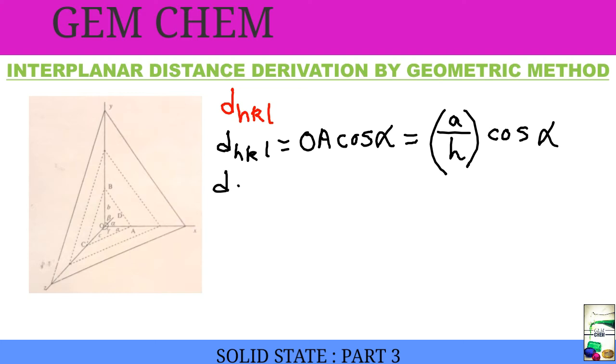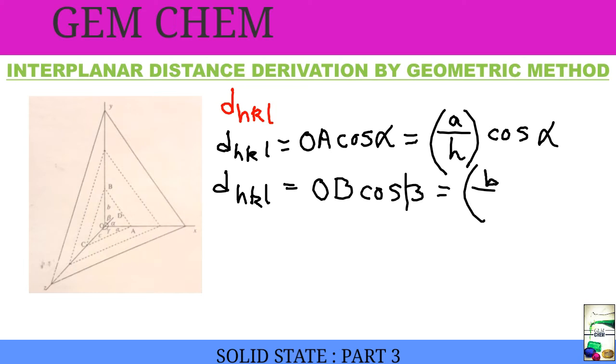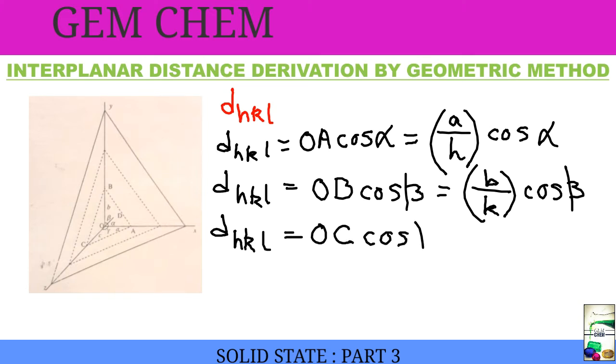Next we can write d_HKL equals OB cos beta, and it is written as b by k cos beta. Next d_HKL equals OC cos gamma, and it is c by l cos gamma.